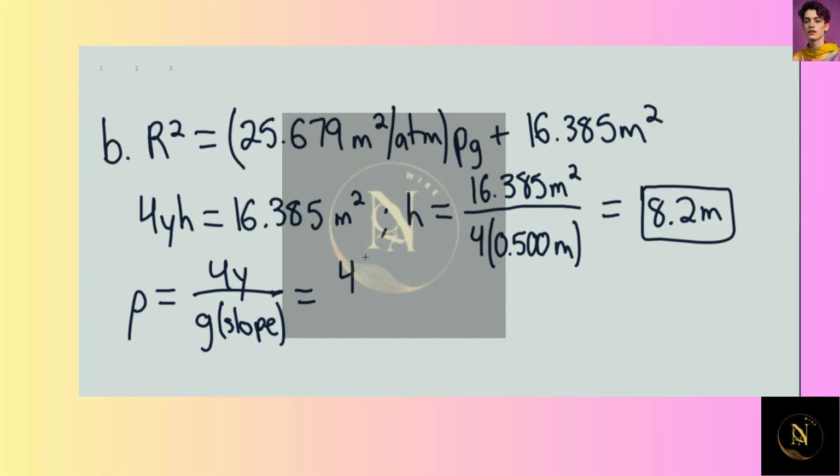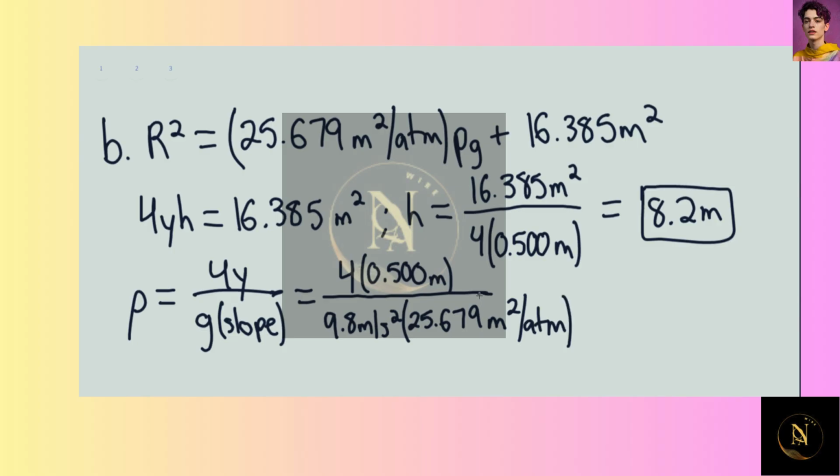And so this would be equaling 4 times 0.500 meters divided by 9.8 meters per second squared multiplied by 25.679 meters squared per atmosphere.